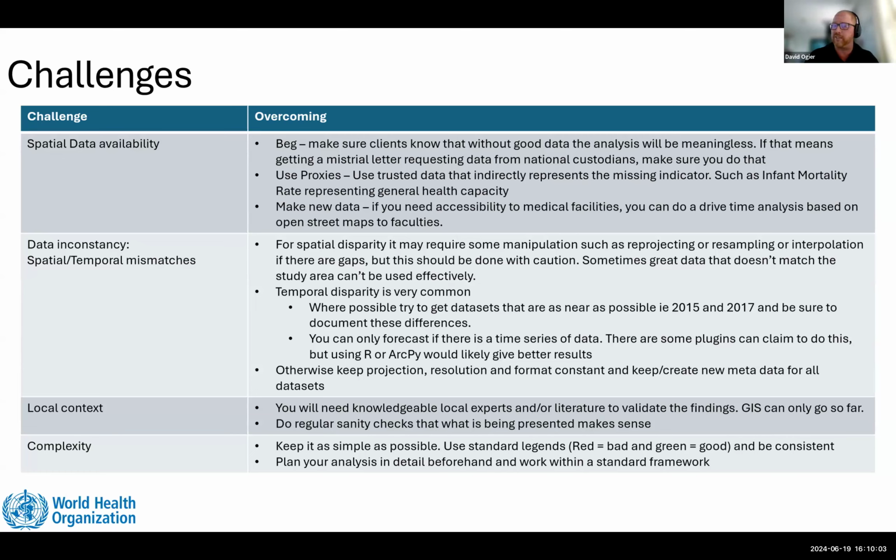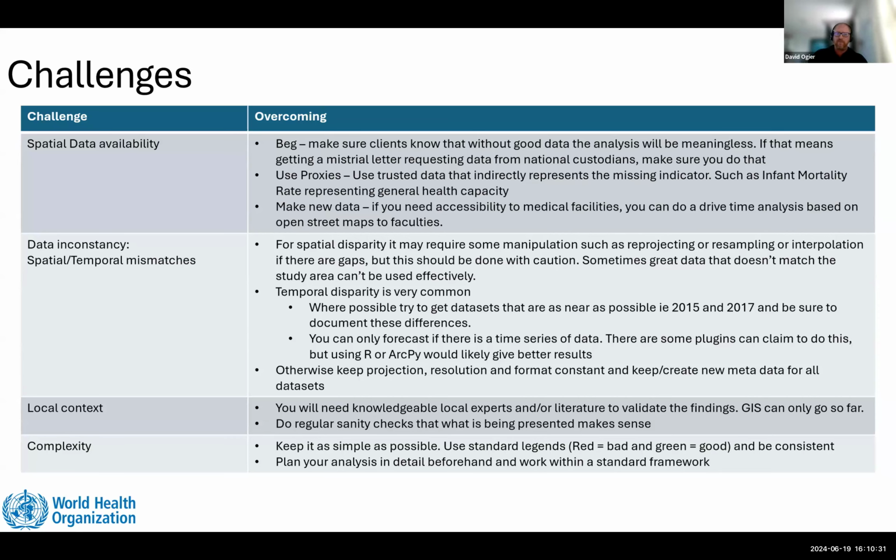This should only be done with extreme caution, as essentially you are recreating data that doesn't exist. So you just need to be very careful about whether you're doing that correctly or not. Sometimes even the best data, if it doesn't work within the scales of your other data, it's actually not worth using it and compromising your data just for that extra data.